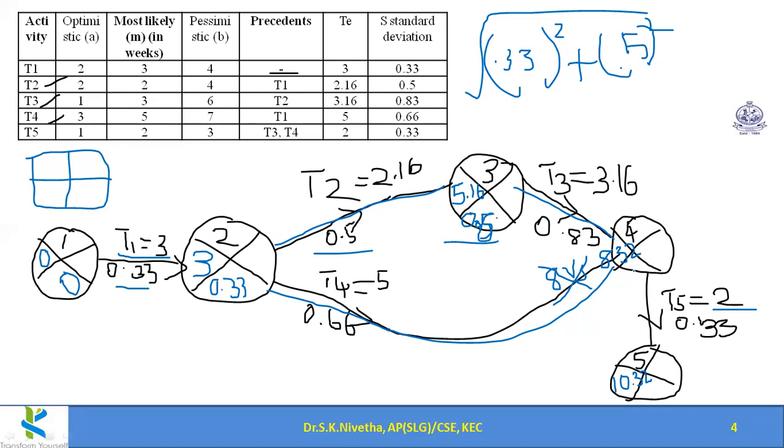And here, to find the standard deviation, we have two possibilities. 0.33 whole square plus 0.5, or we can take 0.6 whole square plus 0.83 whole square. These two we can take and find the square root. 0.6 whole square plus 0.83 whole square. What is the result?